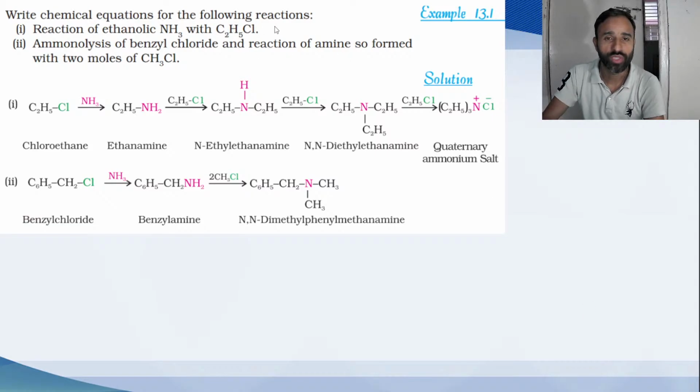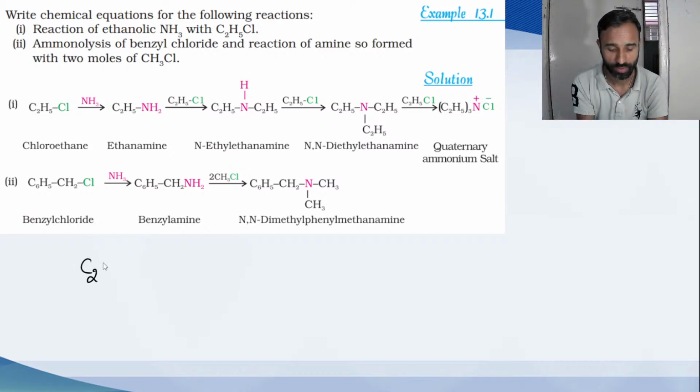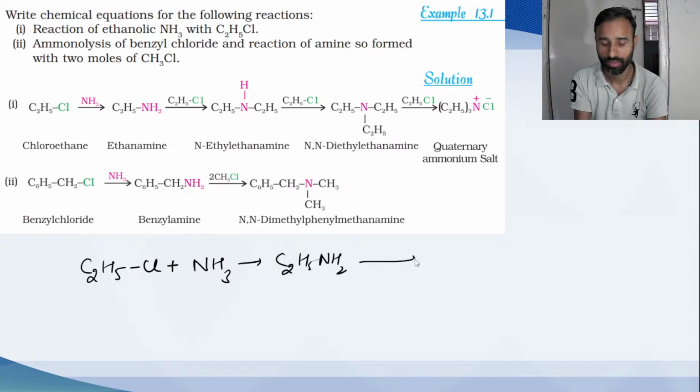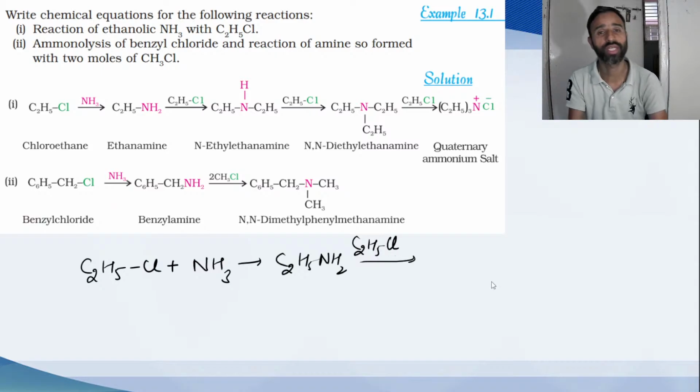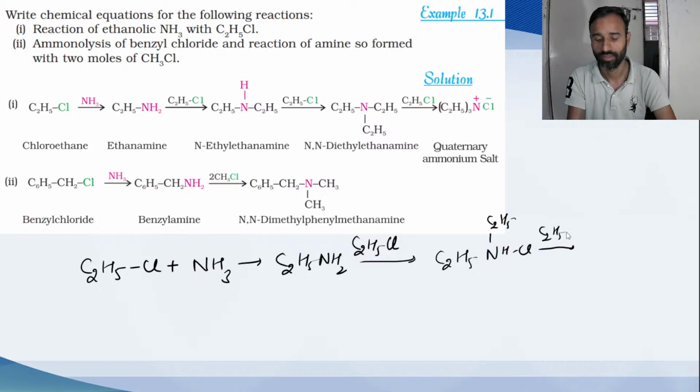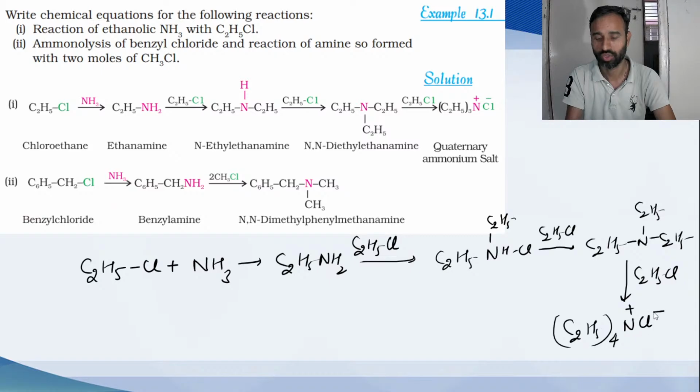Now write the chemical equation for the following reactions. Reaction of ethanolic ammonia with C2H5Cl. When C2H5Cl reacts with ammonia, first of all we get primary amine. Further reaction takes place, we get secondary amine. Then again reaction with ethyl chloride, we get tertiary amine, and ultimately we get quaternary ammonium salt.